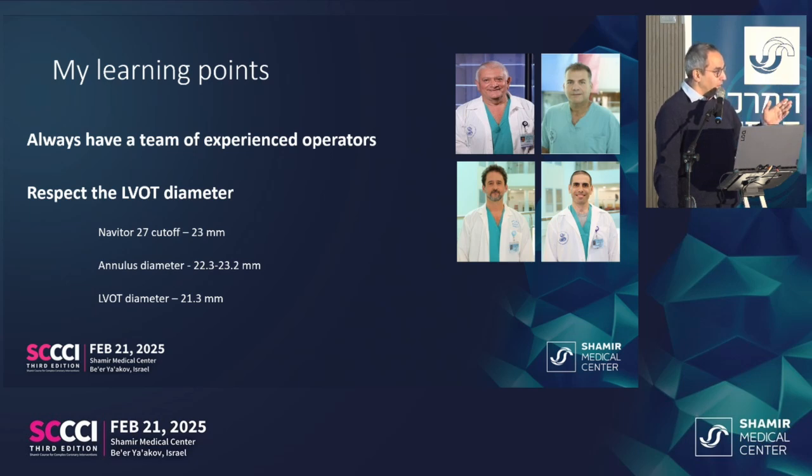But if you look again, the LVOT diameter was actually much smaller and not even close to the cutoff of 23. So I think my learning point from this case is always to respect the LVOT, even if it's not a bicuspid, even if pre-leaflet annulus valve. I think the hint here was the LVOT. Thank you.